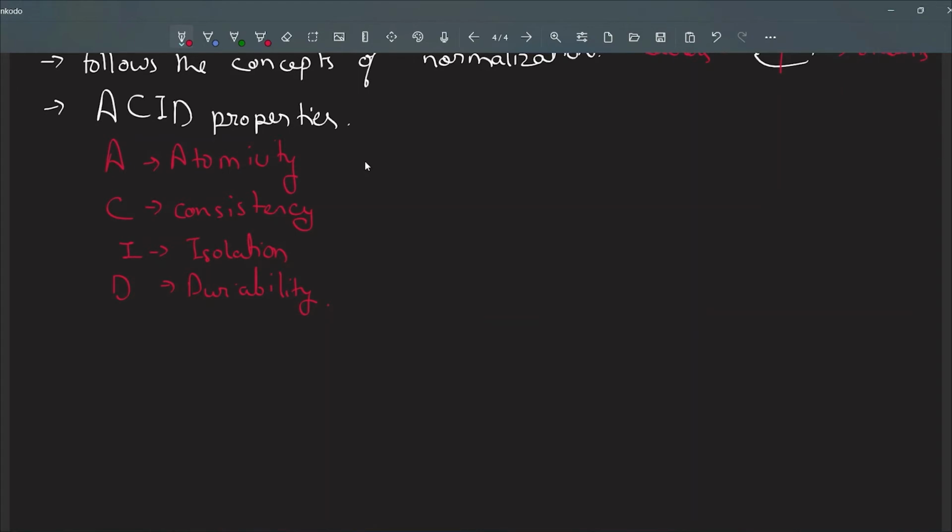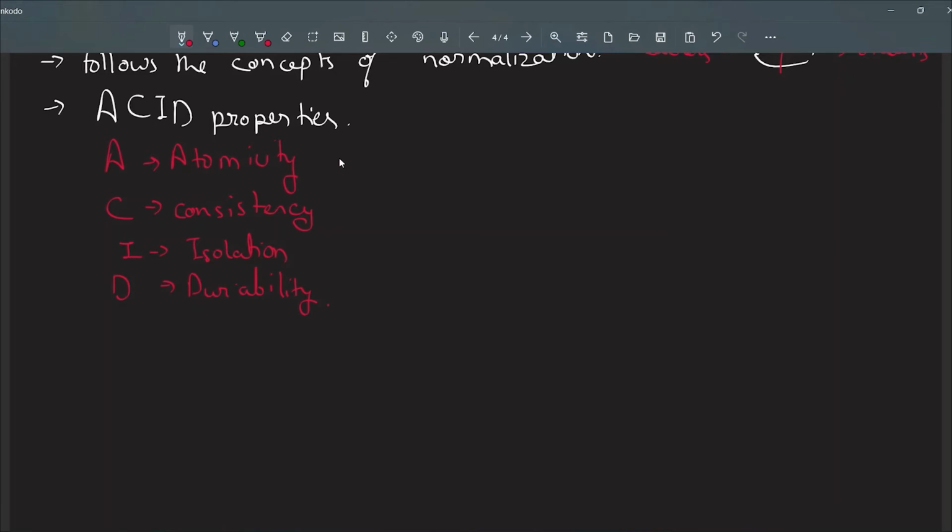Atomicity means the data remains atomic. If any operation is performed or executed, it should execute completely or not be executed at all. There should not be any partial execution. If any process starts, then it should complete execution or not execute at all.